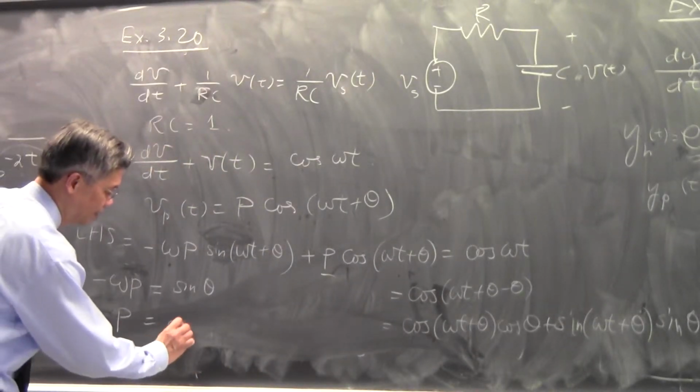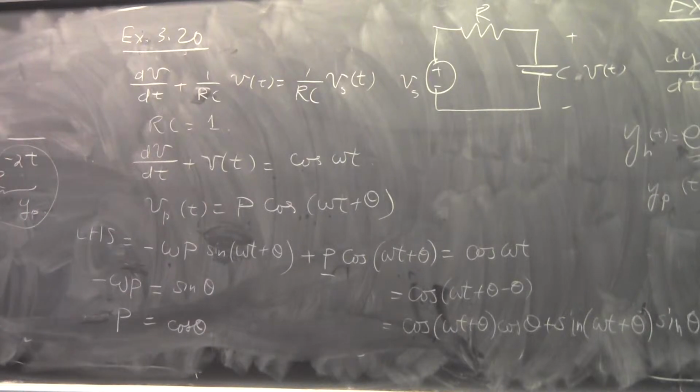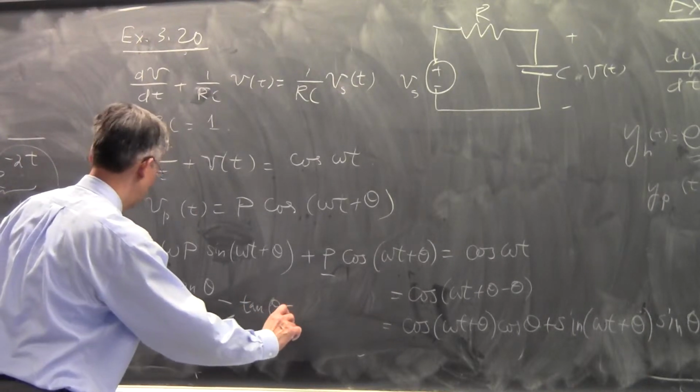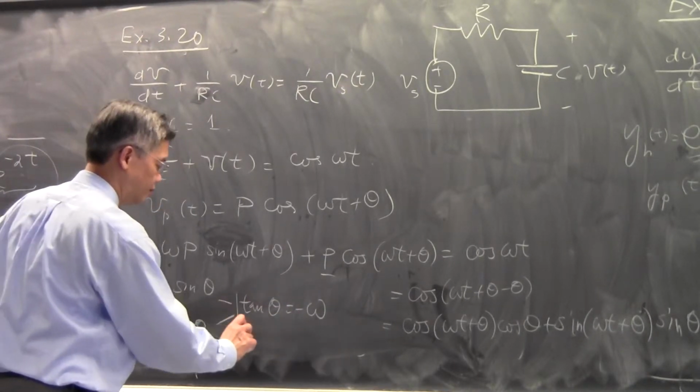So p must be cosine theta. And I have to solve for p and theta. To solve for theta, I divide the two equations. When I divide the two equations, I get tan theta equal to minus omega.